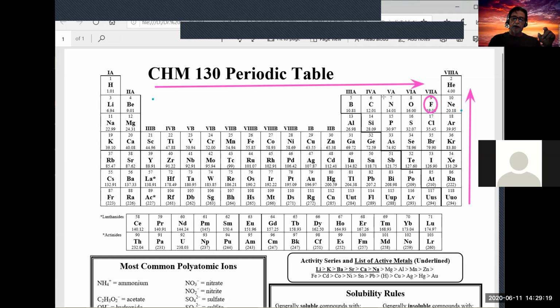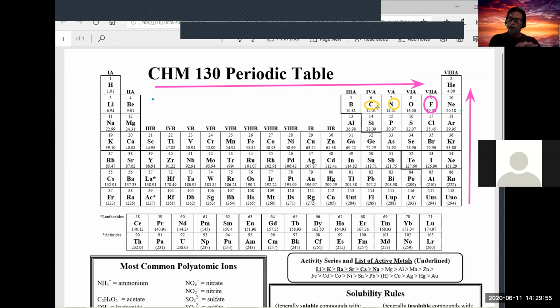So all we can do is compare and contrast. If we were to compare, for example, the electronegativity of, let's say, nitrogen and carbon, and ask the question, who has a higher electronegativity, carbon or nitrogen, all we can say is this: find their position relative to fluorine.